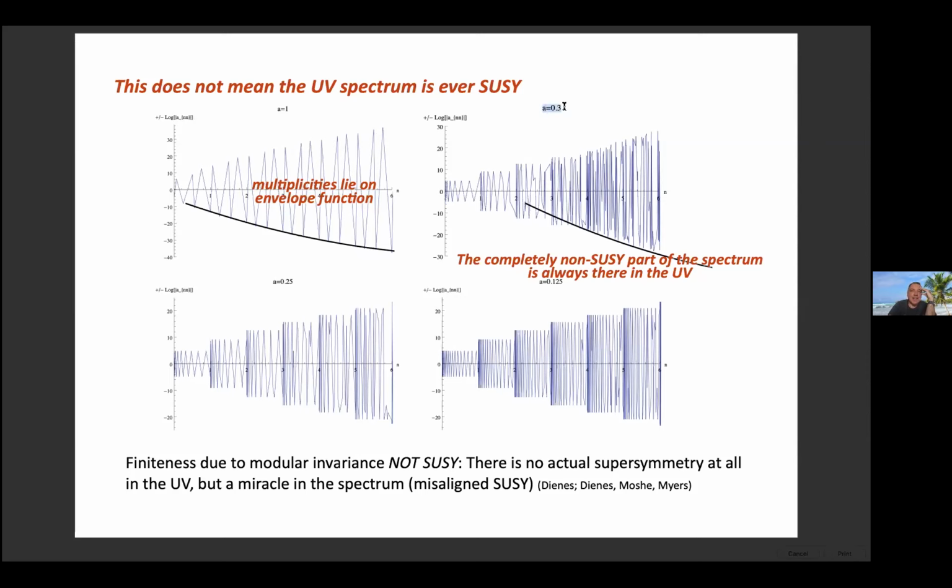So this is what happens as I increase the radius. Little a, which is the scale of supersymmetry breaking, if you like, 1 over the radius. As I increase the radius, the spectrum changes. You see that it begins to become supersymmetric down here, at the bottom of this ladder, where you get the steps.